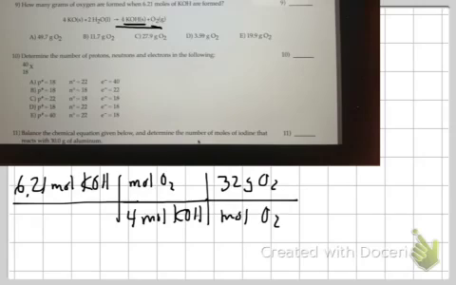So it's 6.21 divided by 4 times 32, and on the calculator, 6.21 divided by 4 times 32, and you get close to 50. 49.7, and right there.